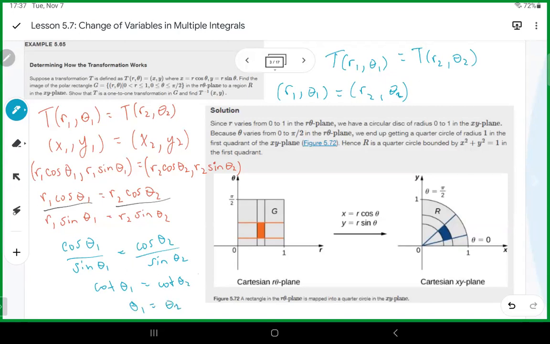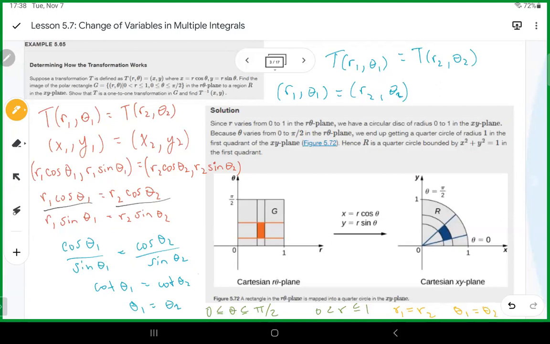Since the cotangent function is one-to-one in the interval that was given to us, and also since R is between 0 and 1, then we would have R sub 1 equal to R sub 2, and theta sub 1 equal to theta sub 2.